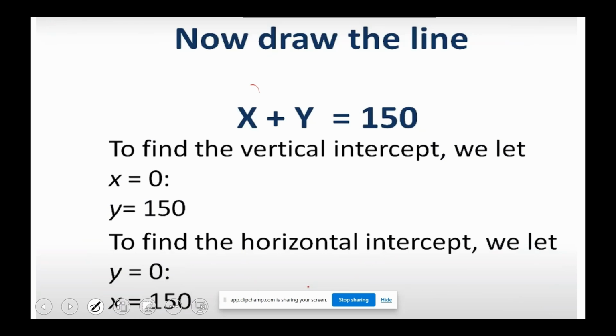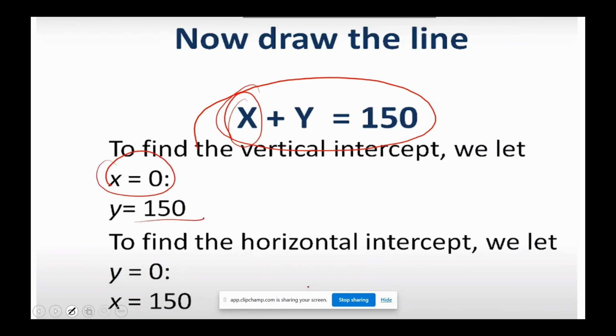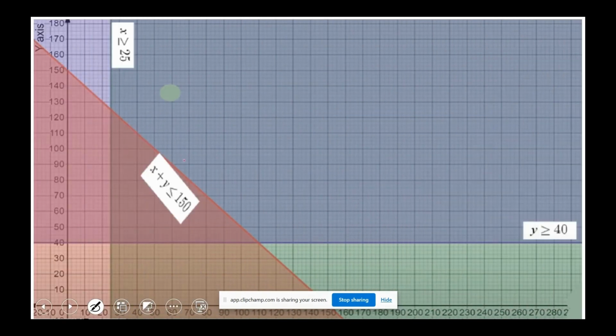Now we go to the next one. The next constraint is x plus y is less than or equal to 150. When there are two variables, first we make x equal to 0, and then we get y equal to 150, and then we make y equal to 0, and we get x equal to 150. So one variable we make 0, we get the other value, and the other variable we make 0, we get the next value. So y is 150 and x is 150.